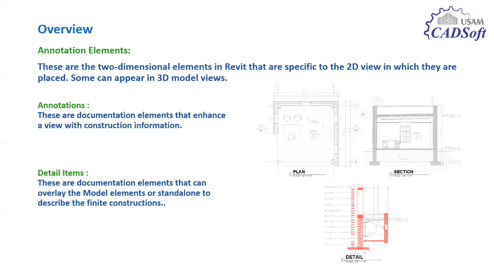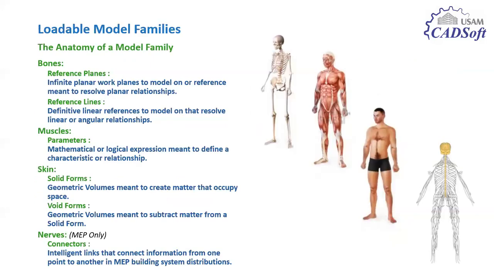So, in loadable families, I would like to say this as the anatomy of the family. If you compare it with the human anatomy and the family anatomy, in human anatomy we have bones, muscles, skin, and nerves, and there are a lot of things.